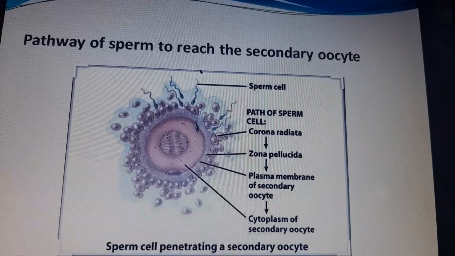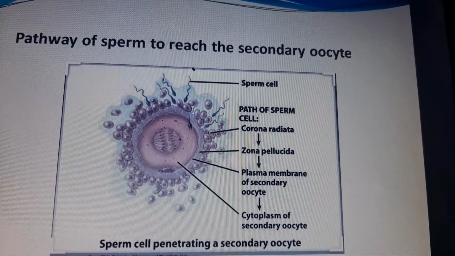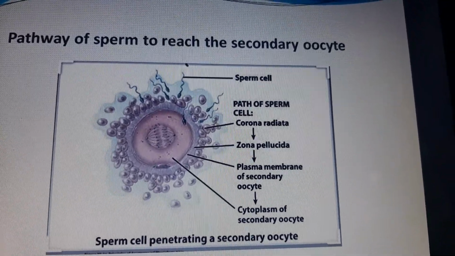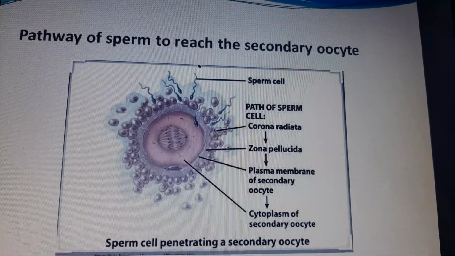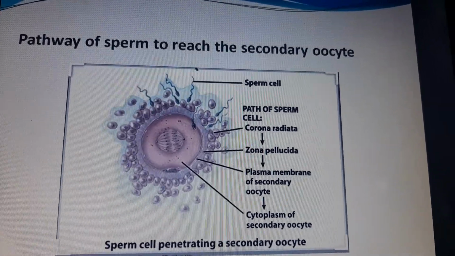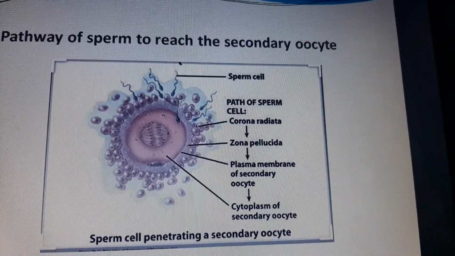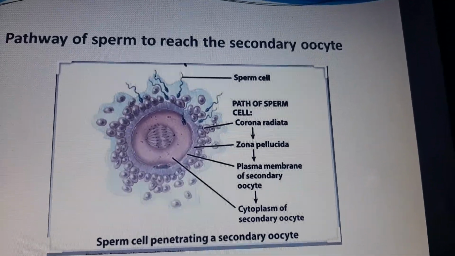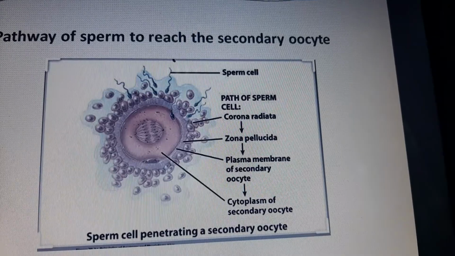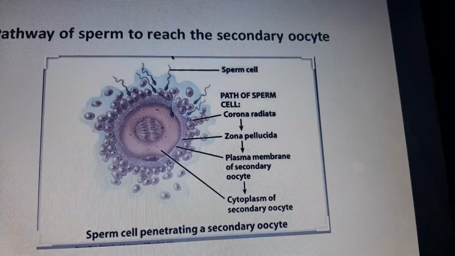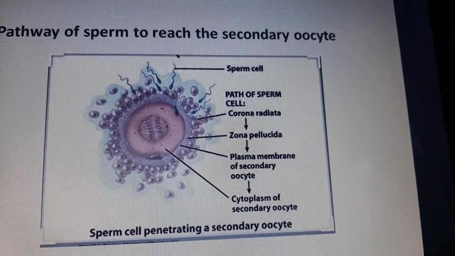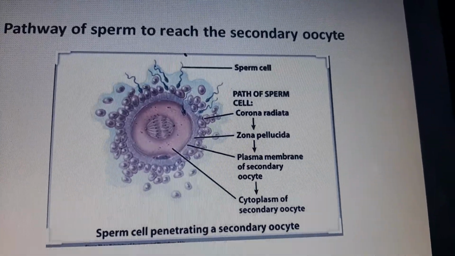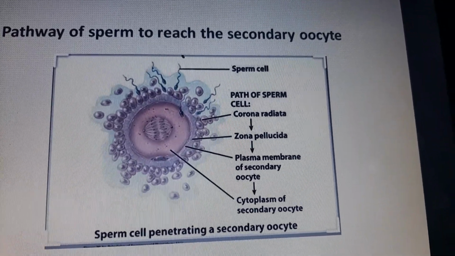After the hole is created in the zona pellucida and the sperm enters, some chemical changes occur, which cause the zona pellucida to thicken and get hardened, so that the rest of the sperms, the millions of sperms, can't get access to it.